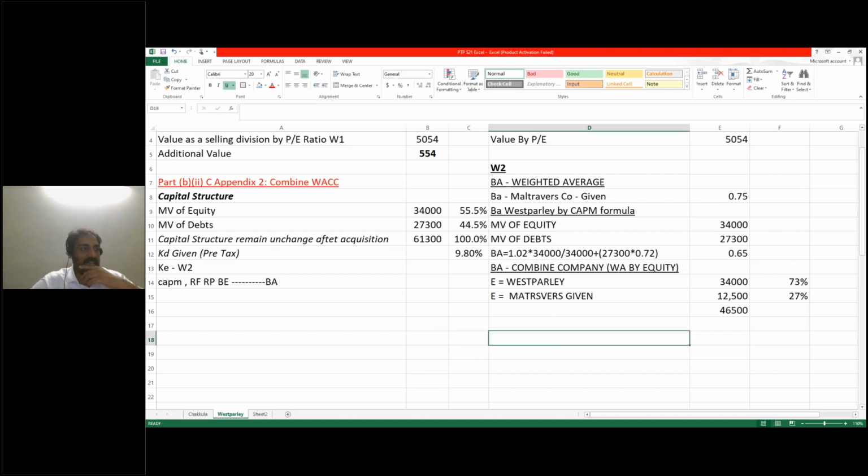Beta asset of the combined company in this manner: calculate. It is equal to 0.65 multiplied by 0.73 plus 0.75 multiplied by 0.27.